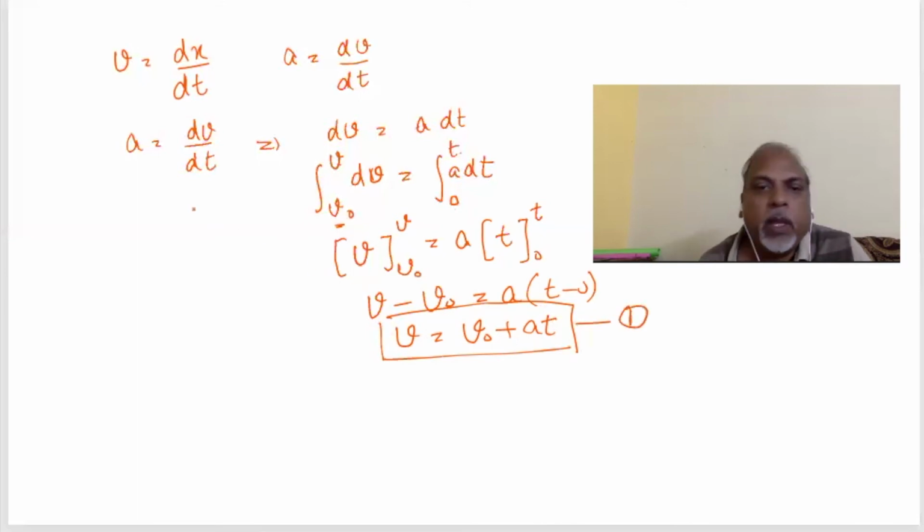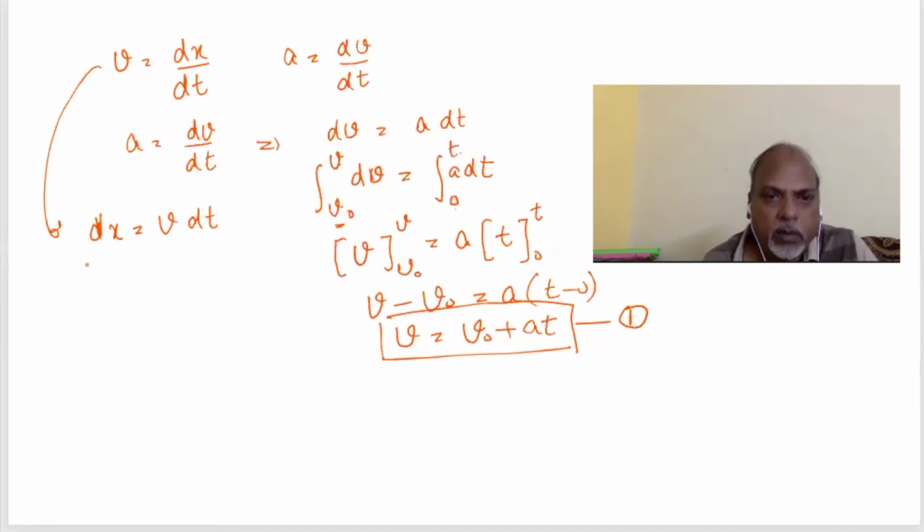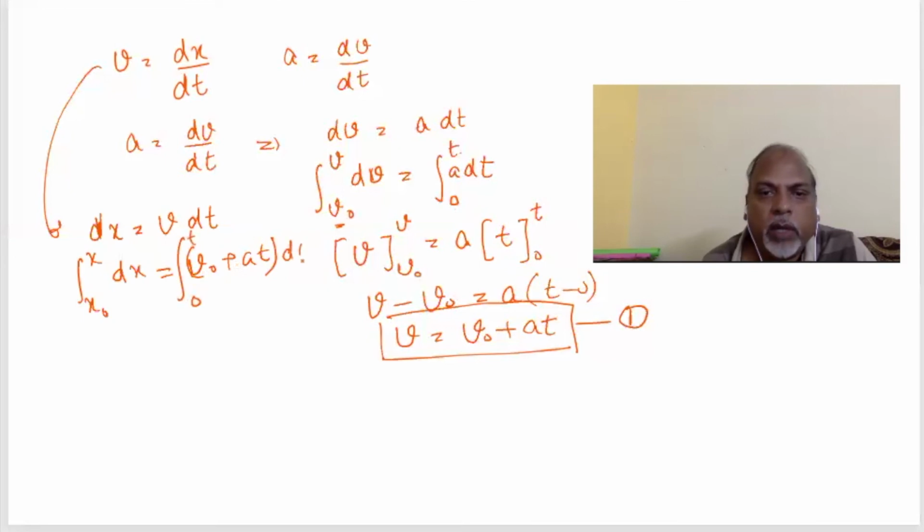Now let us take this here. dx will be equal to v dt, and if we integrate this, x0 to x dx, v is nothing but v0 plus at, from 0 to t.